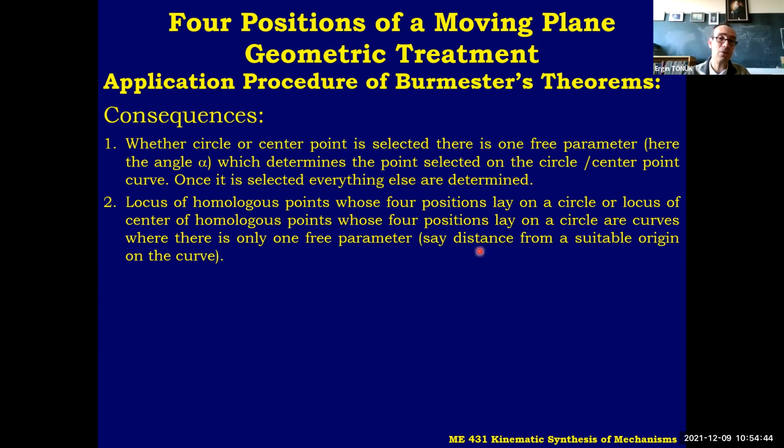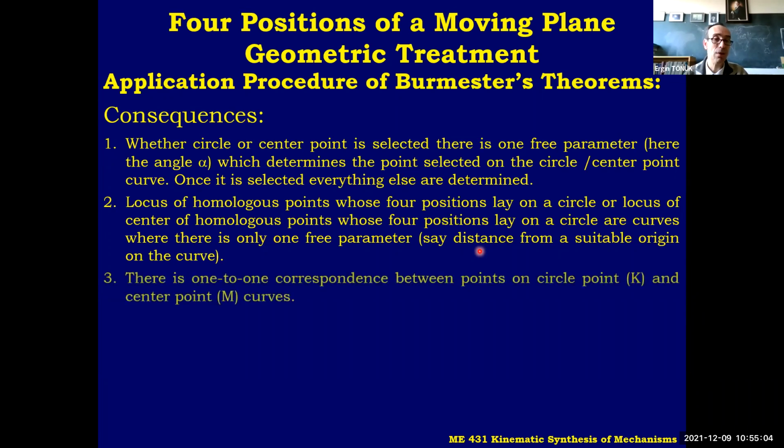And if you like, you can say it is the distance from a suitable origin. So unlike three position synthesis, we can't select the point on a plane, at least one of those, but they should be on a curve, which is a parametric curve. And although we haven't proven this, there is one-to-one correspondence between the points on circle point and center point curves.